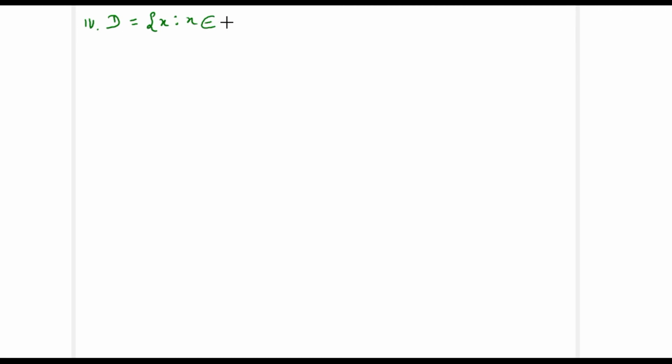So fourth, x is a whole number. W means whole number having property x minus 3 less than 2. So this is just like question number 2, right? You can do it, or I am going to do it, right?